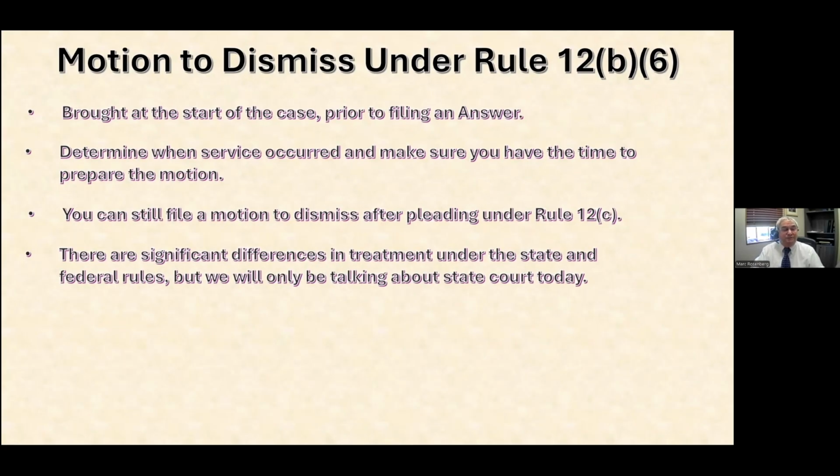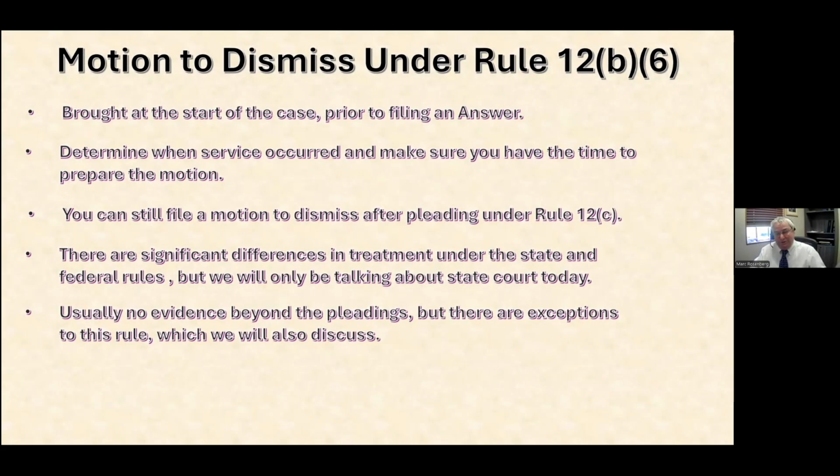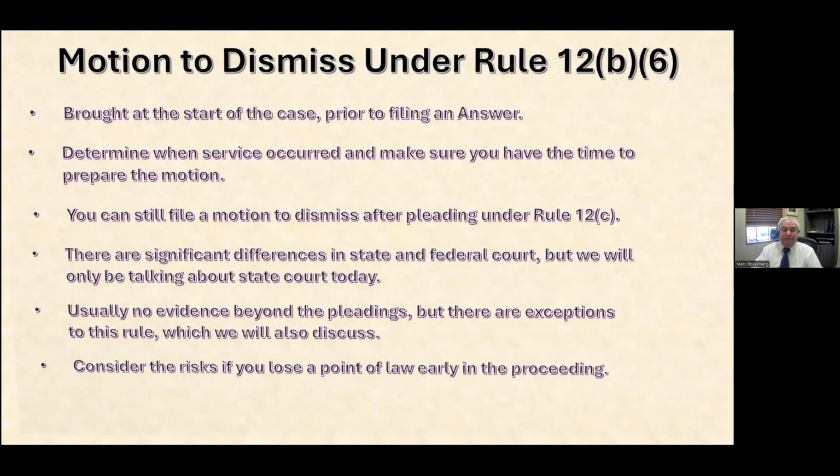Now, there's some significant differences in regard to state and federal rules. We're generally only going to be working with the state rules today. I may mention the federal rules, but generally we're talking about the state rules. And when you make a 12b-6 motion, basically all the court is looking at is the complaint. The court doesn't generally look beyond the complaint, but there are exceptions, and we'll discuss that momentarily.